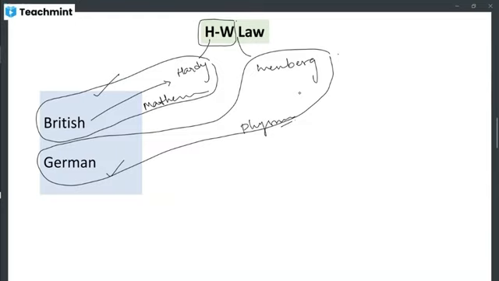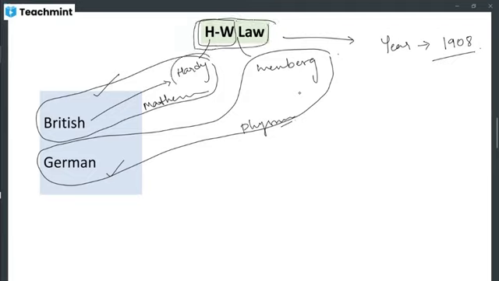Does anyone know the year when they discovered this law? So the year of discovery was 1908. Okay, and together they commonly named this principle the Hardy-Weinberg law.